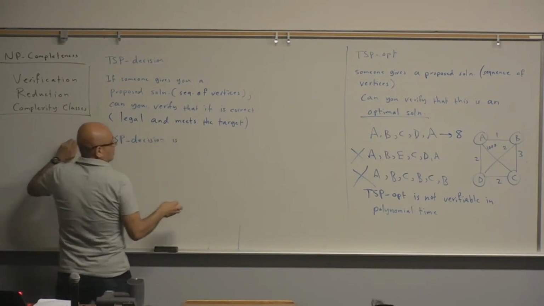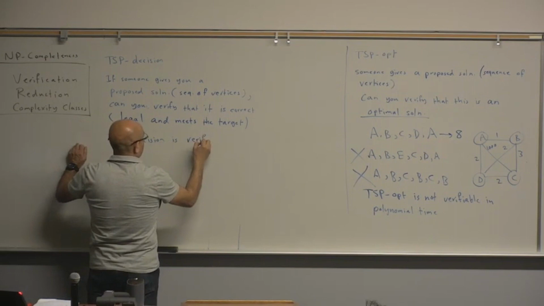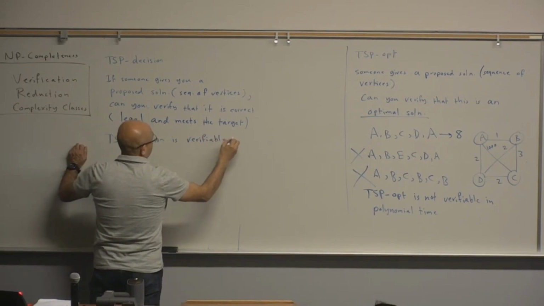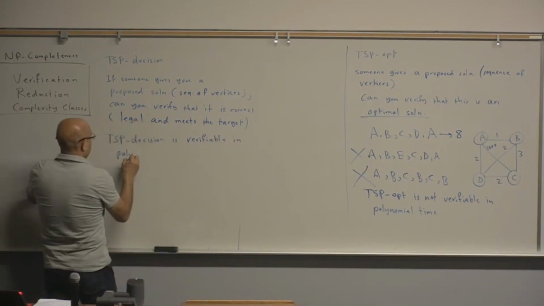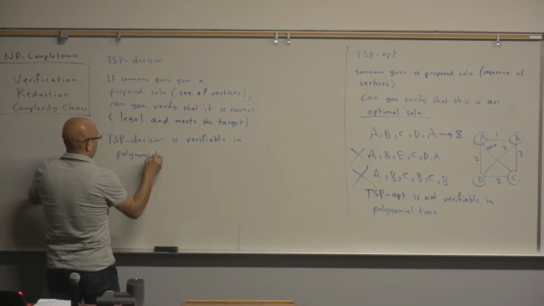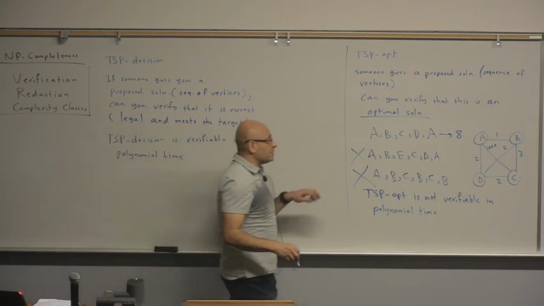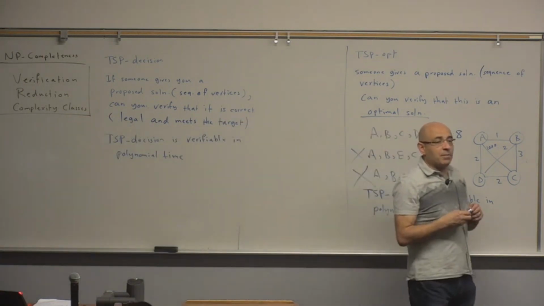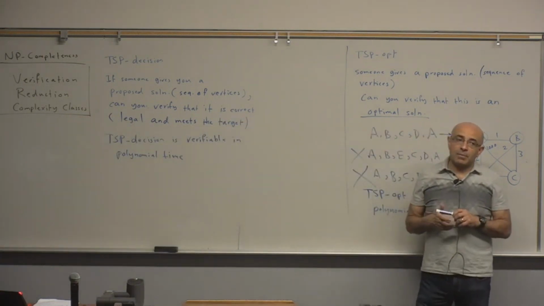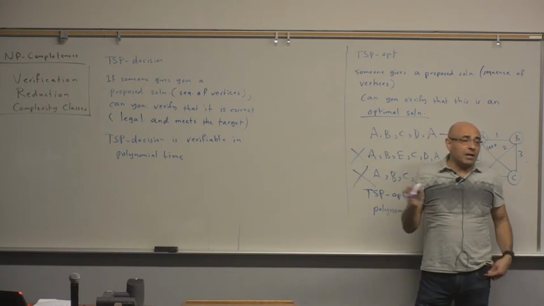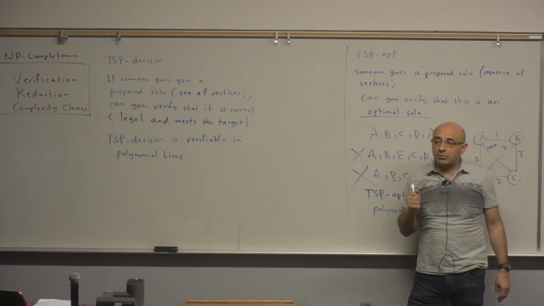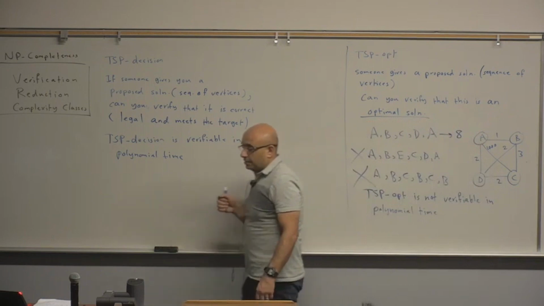So TSP decision is verifiable in polynomial time. So this is a fundamental difference between the optimization version of the problem and the decision version of the problem. And in fact, this will apply to all the optimization problems that we will be studying.